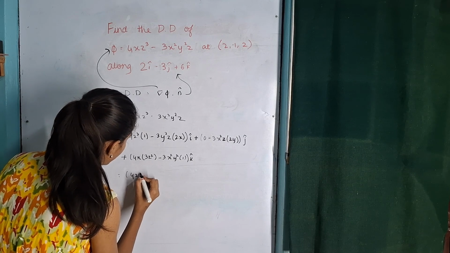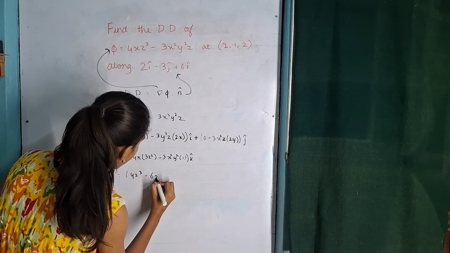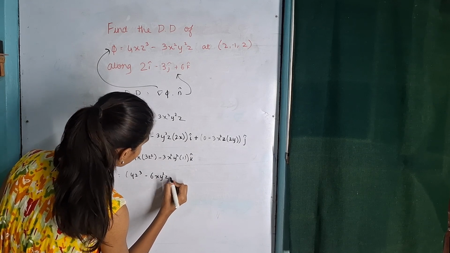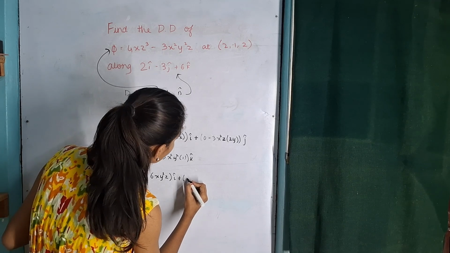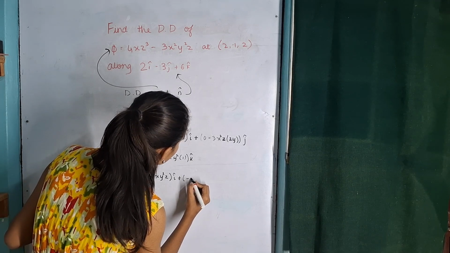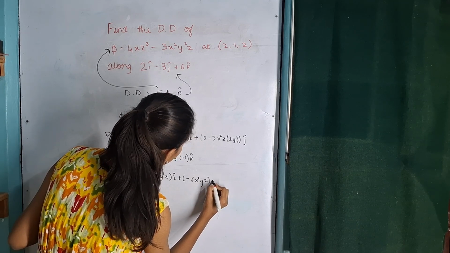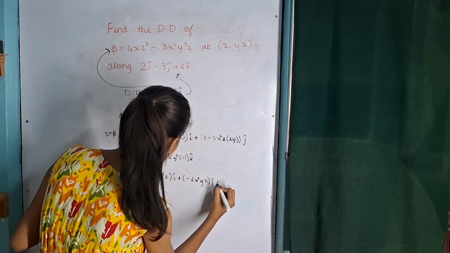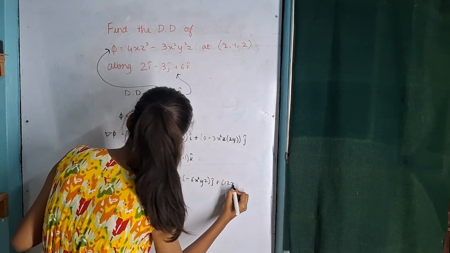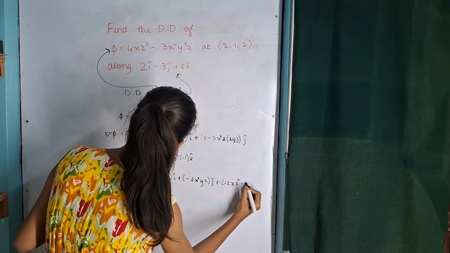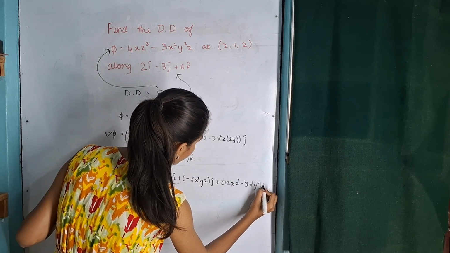So it's 4z cube minus 3 twos are 6 x y square z, i, plus we have minus 6 x square y z, j, plus here we have 4 threes are 12 x z square minus 3 x square y square, k.